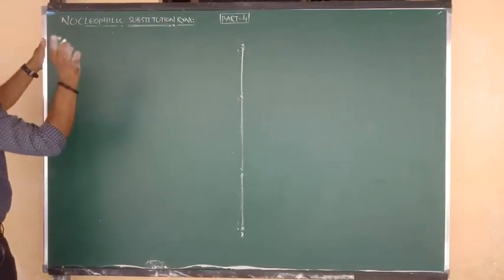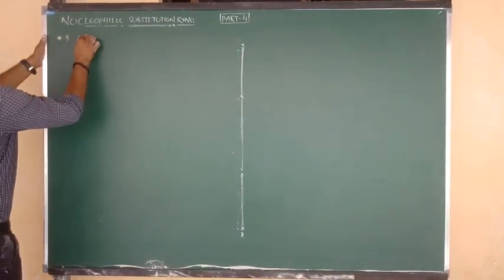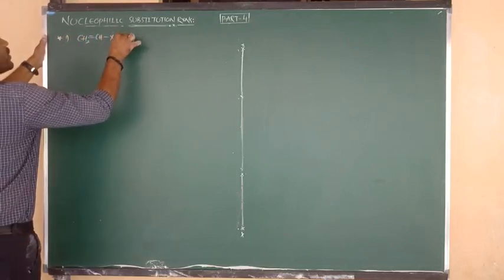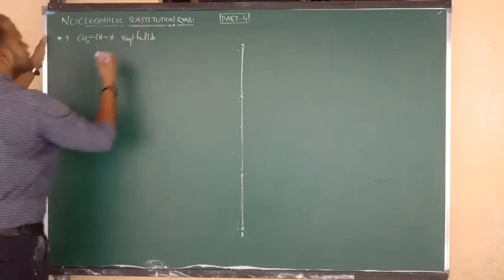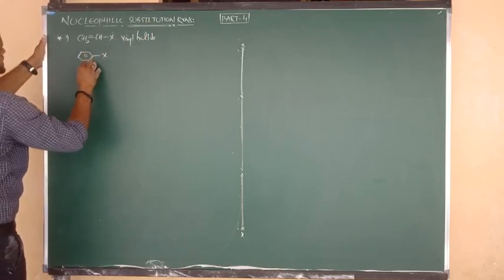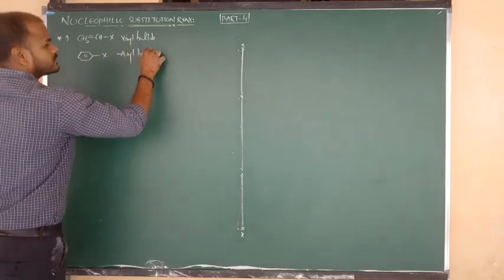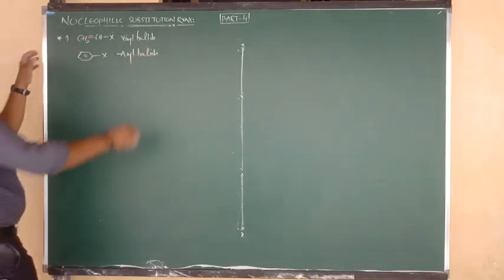A very important point for CET: number one is CH2 double bond CH bonded to X, so the compound name is vinyl halide. Next, benzene connected to X, so the compound name is aryl halide.